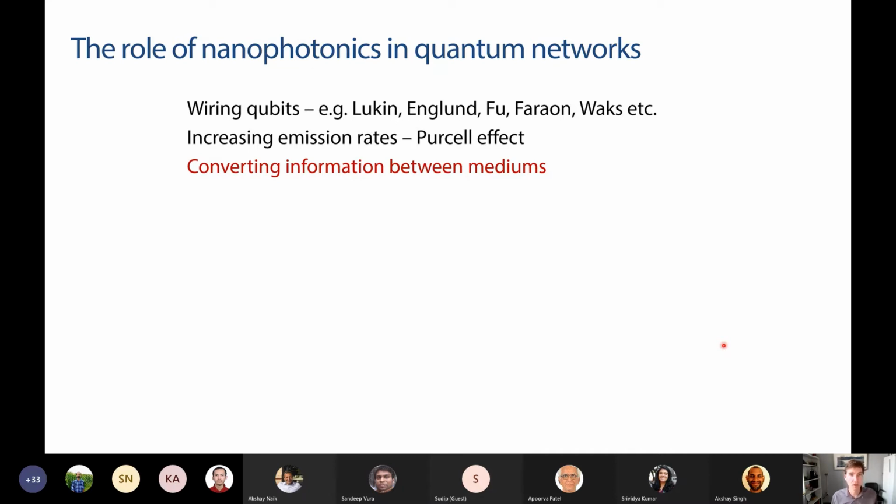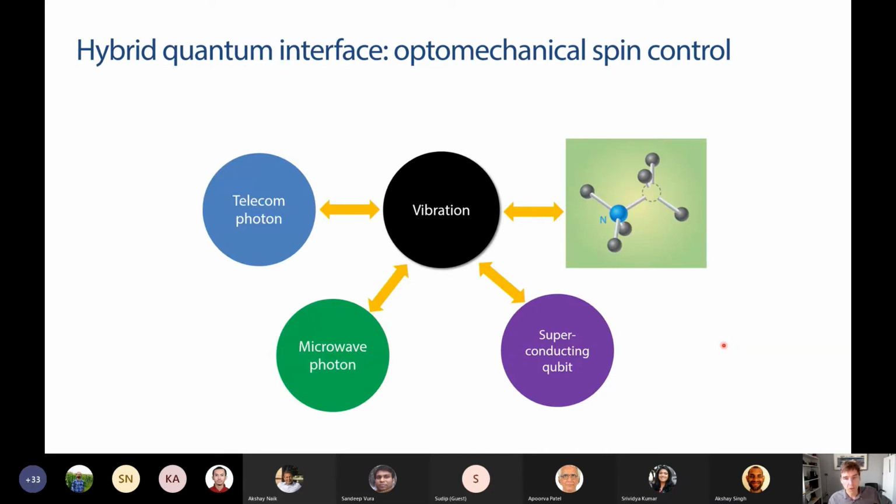So what you can imagine is if you have an NV center, it will be desirable to convert its quantum state to a photon, but not just any photon, maybe your favorite telecom wavelength photon. Everything I've talked about previously involving NV centers has involved emission of photons at visible wavelengths determined by the electronic structure of the NV center and its optical transitions.